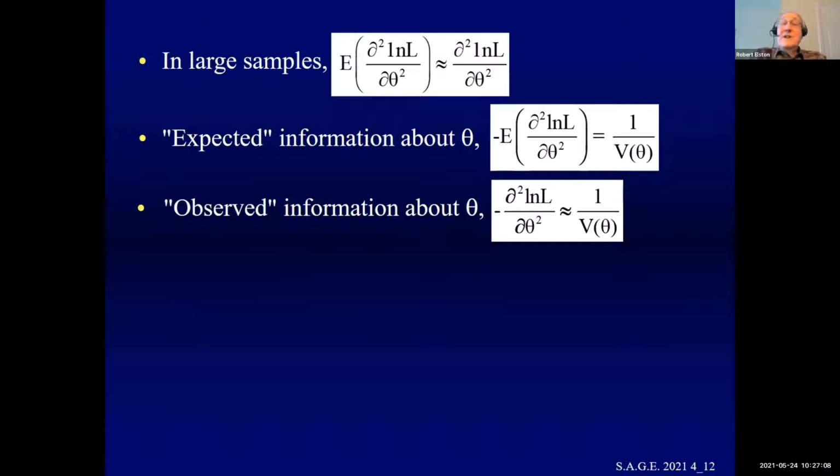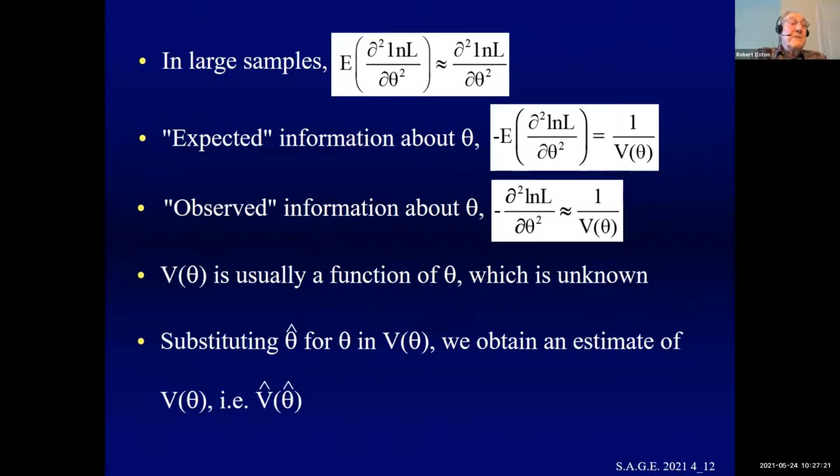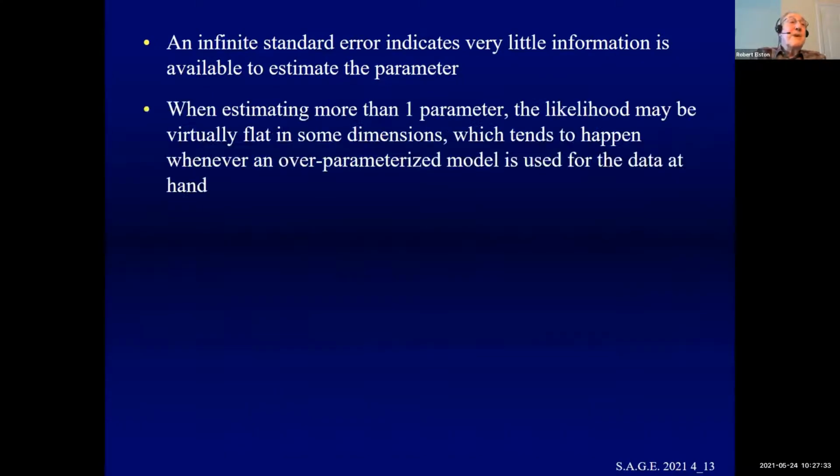In S.A.G.E. we always use the second derivative of the log likelihood, and if you invert that, you get the variance. Now, of course, the variance is unknown. It's a function of theta, so we stick in the maximum likelihood estimate, and we get the estimated variance. If you get an infinite standard error, that indicates very little information is available to estimate the parameter.